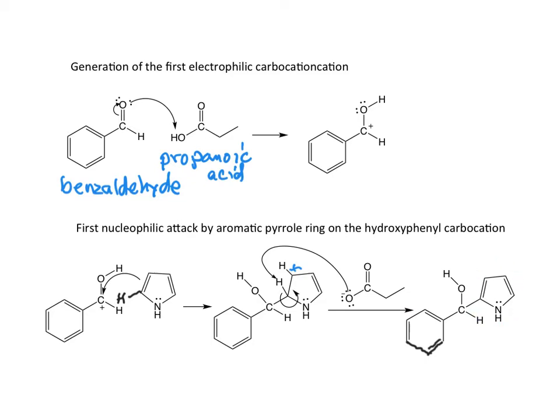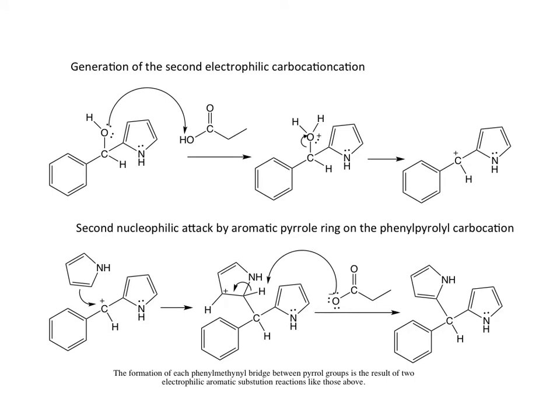So, in order to complete the bridge, we need to create a second electrophilic carbocation. Apparently, I got a little excited when I was typing, so we'll just mark out one of them. Right?